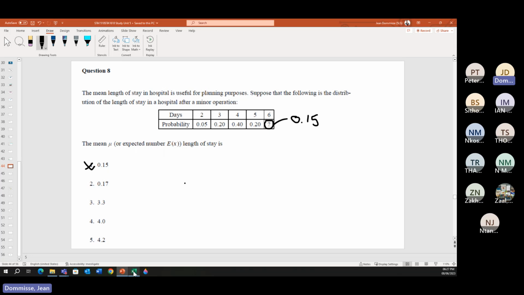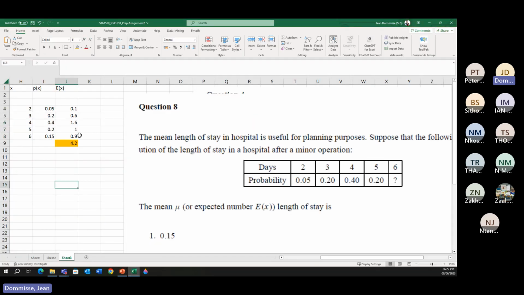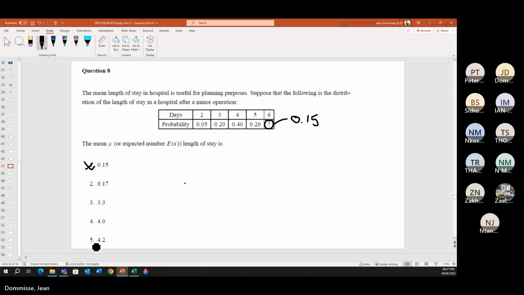So again, if we check what we worked out, it would have been the x times the probability for each of them, added together, and then your expected number would have been 4.2, which would have been option 5.